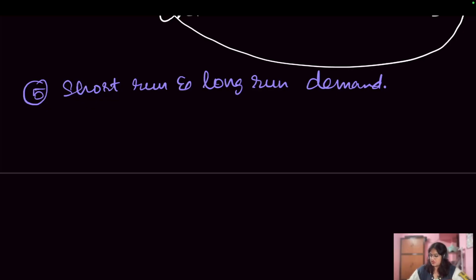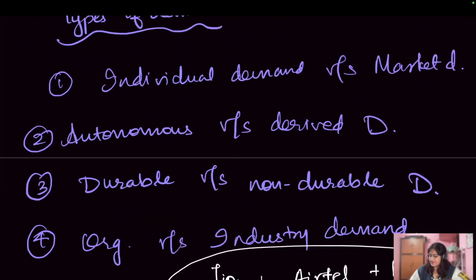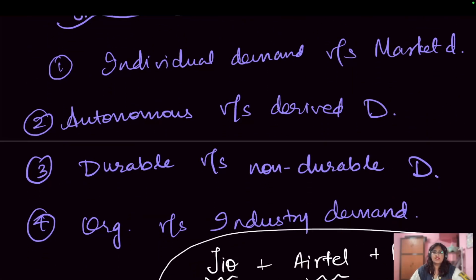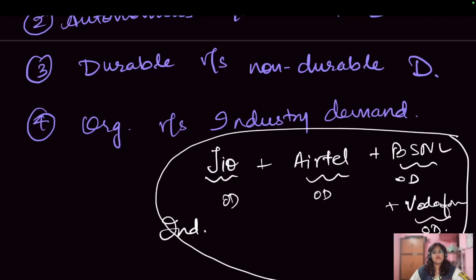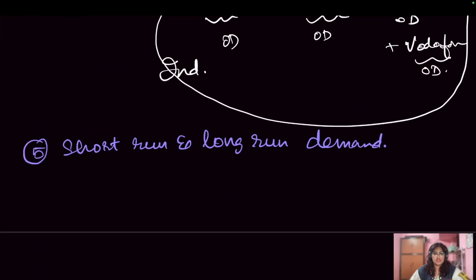So these are the different types of demand. The first one is the individual demand and market demand, then autonomous versus derived demand, durable and non-durable, organizational versus industry demand, short run and long run demand.